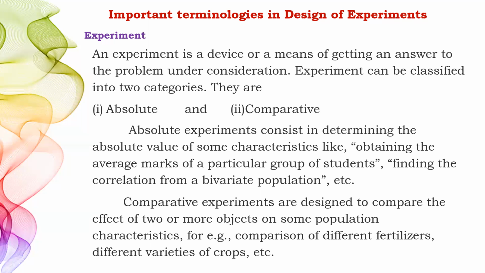So here I have given two examples for an absolute category. The second one is comparative experiments. So comparative experiments are designed to compare the effect of two or more objects on some population characteristics. For example, comparison of different fertilizers, different varieties of crop, etc.